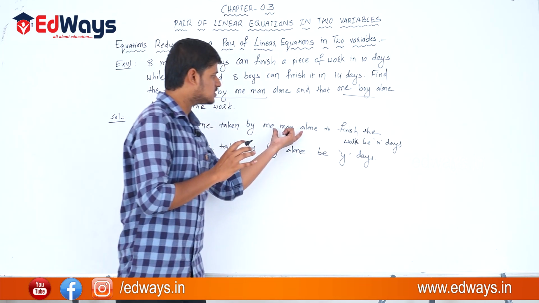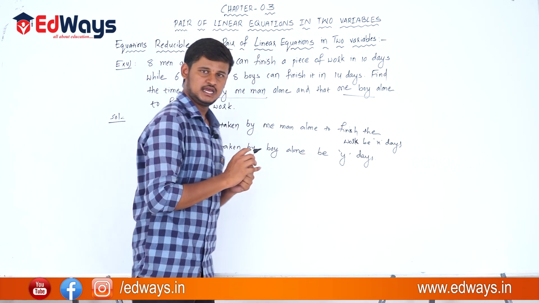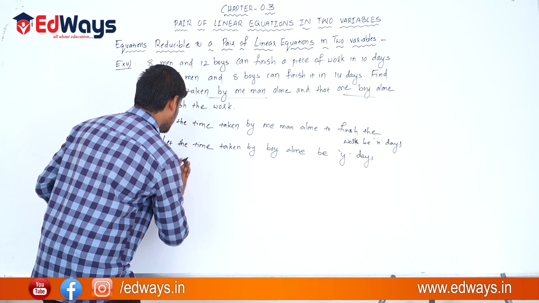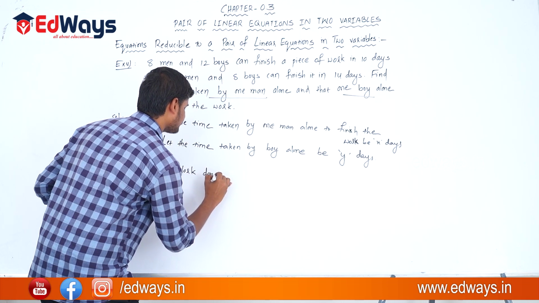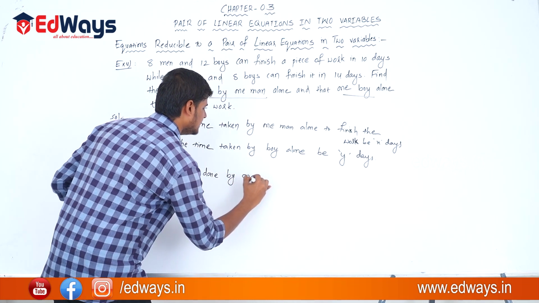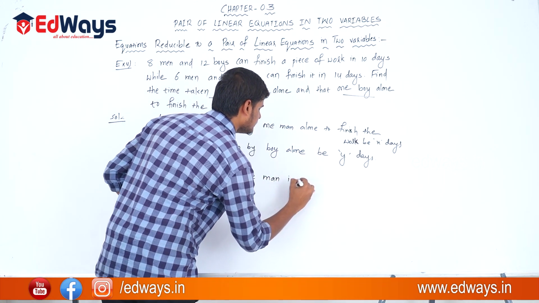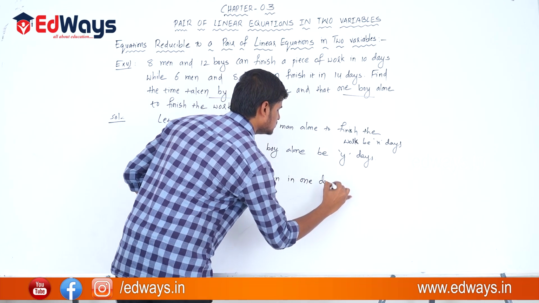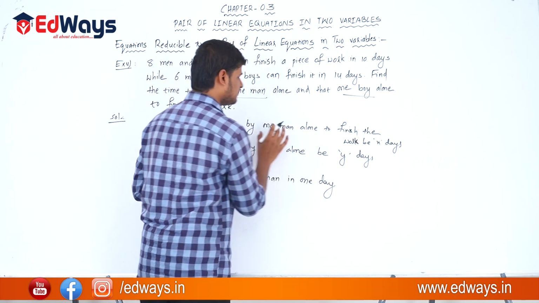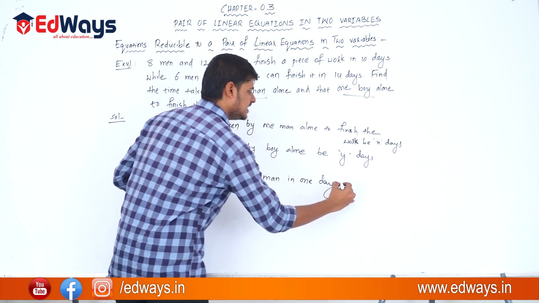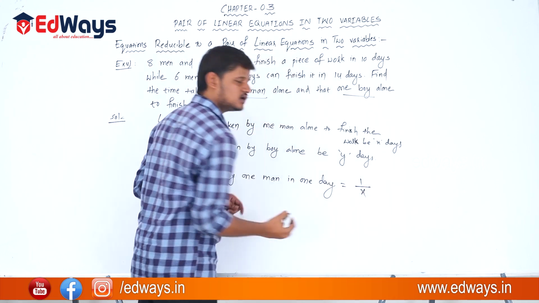In x days he can do the total work, so in one day he can do 1 by x of the work.